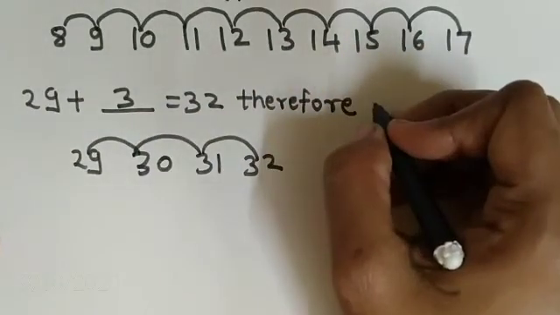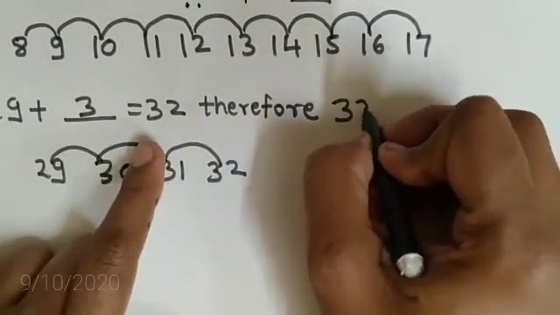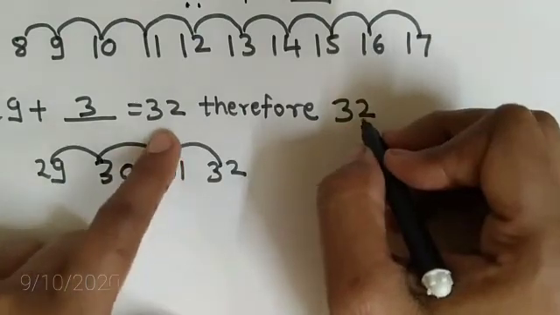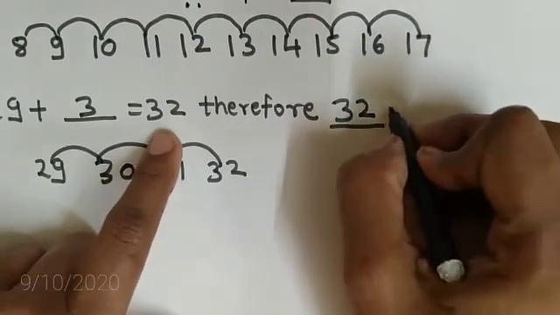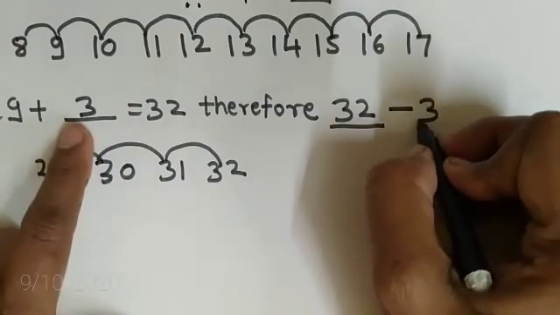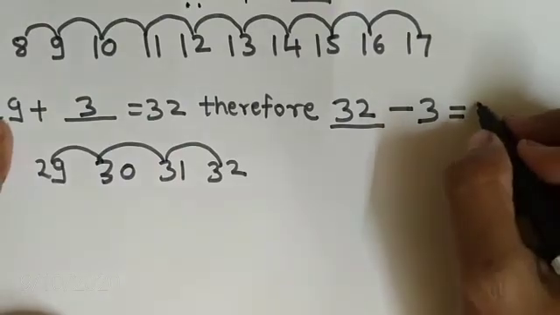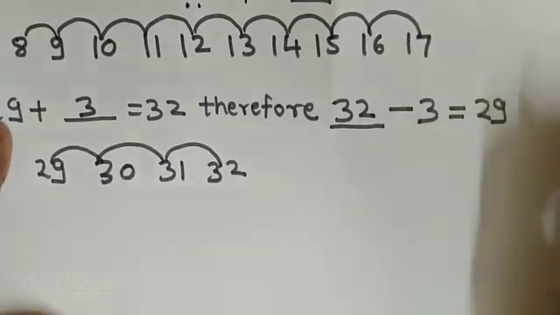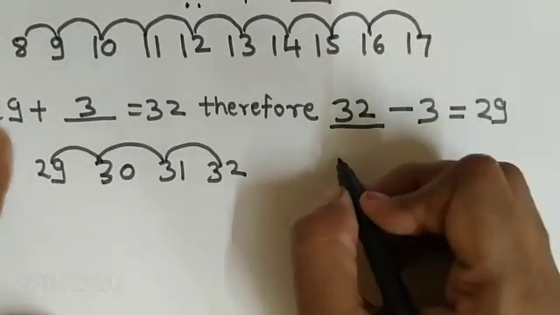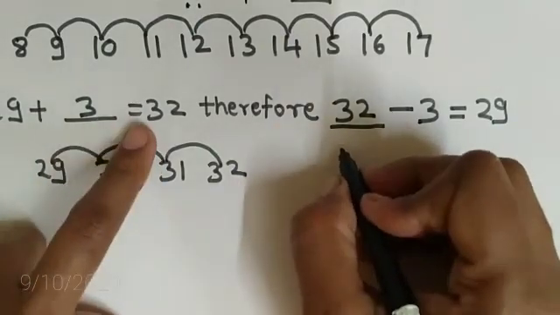Then take out the subtraction equation from that, children. Then what we have to do? First write the sum. Dash means and subtract any one number. Here they given minus 3. Then what you will get, children, here? The other number, that is 29. Like that, we will take out one more example of subtraction from this addition equation.